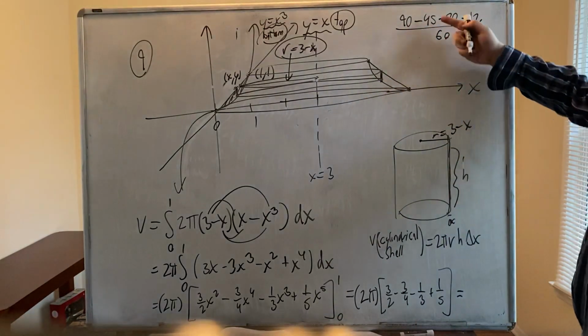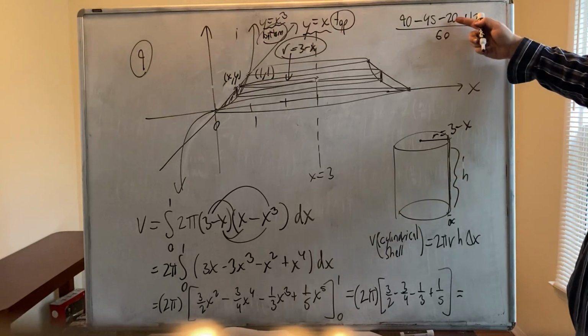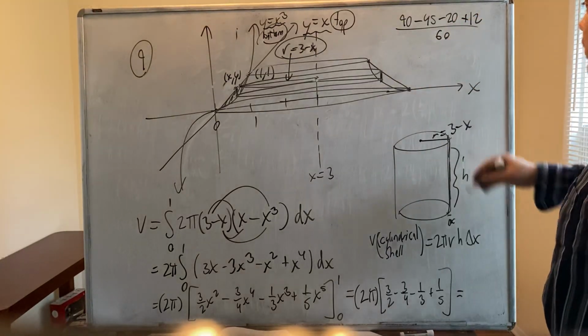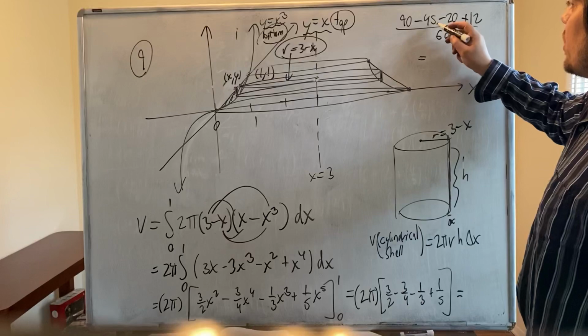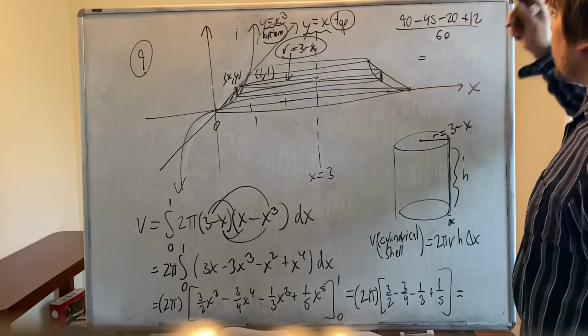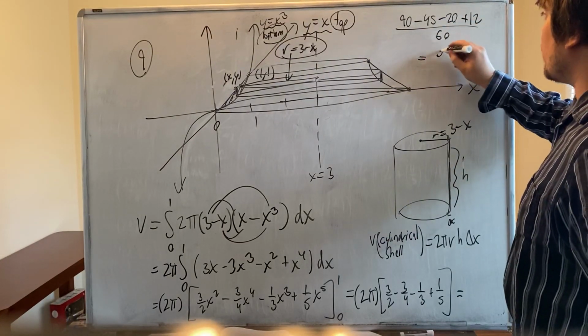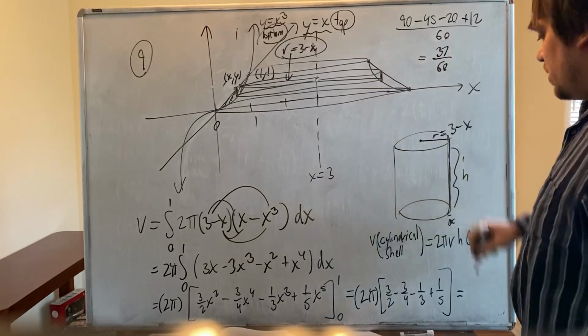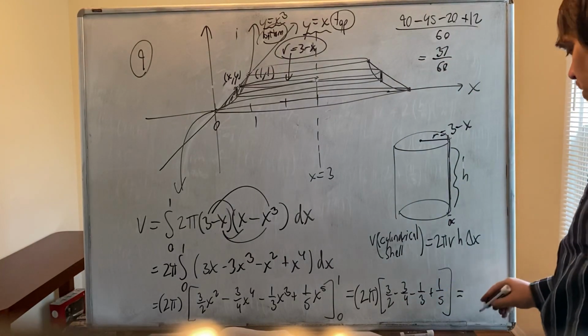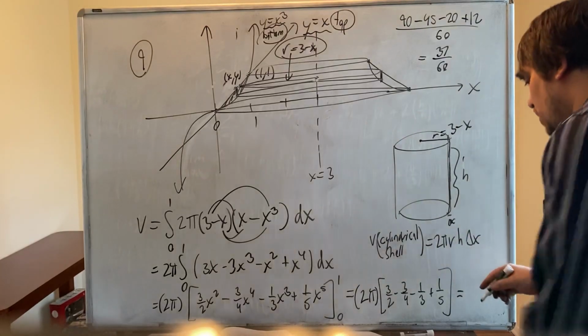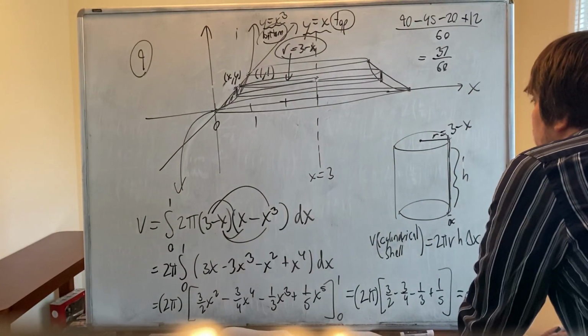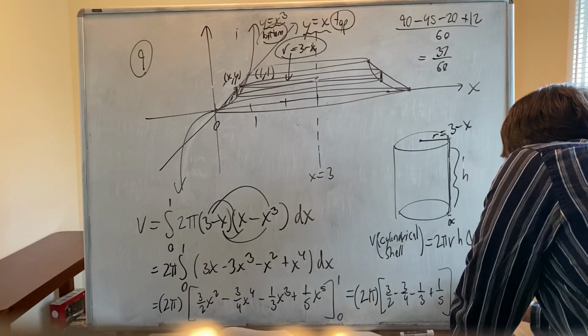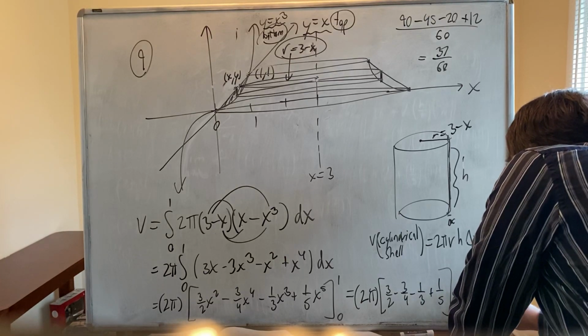So that's 3/2 minus 3/4 minus 1/3 plus 1/5. You get 90 minus 45 is 45, 45 minus 20 is 25, 25 plus 12 is 37 over 60. So it's 2 pi times 37 over 60, which is 37 over 30 pi.